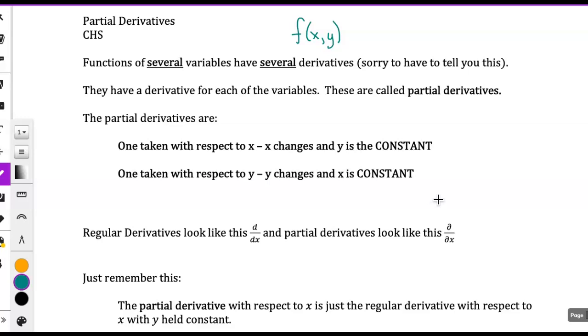It's not just x and y hanging out by themselves; there's an x, y, and a z. So we figure out how z is changing with respect to x while we're holding y constant, and then what's happening with respect to y if we hold x constant. When something is constant, it has no rate of change.